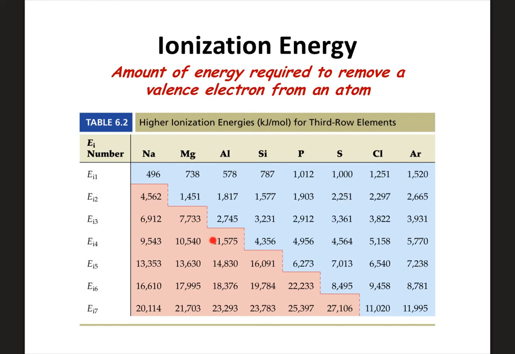Aluminum has 3 valence electrons that he's willing to give up, but not the 4th. So just be careful here. When you see the jump in energy, so you see it from the 3rd to the 4th, that means that aluminum doesn't want to give up the 4th. Willing to give up the 3, but not the 4th. So you must have 3 valence electrons. Definitely this is something you need to be able to understand and you need to know for AP.